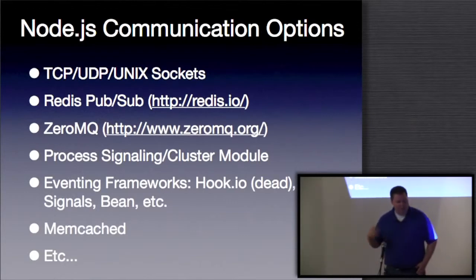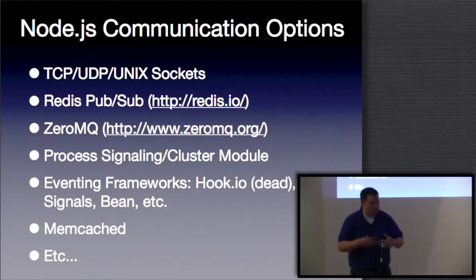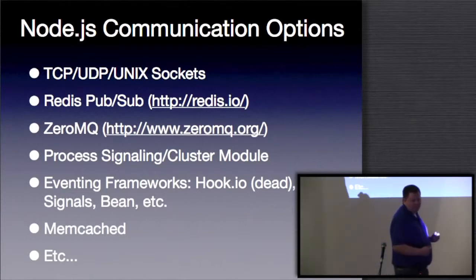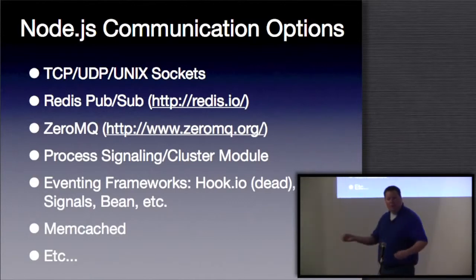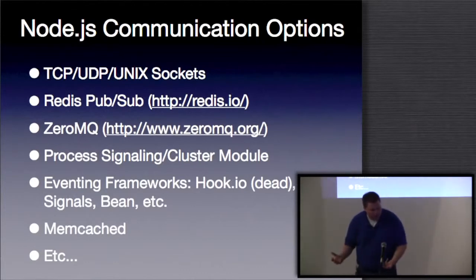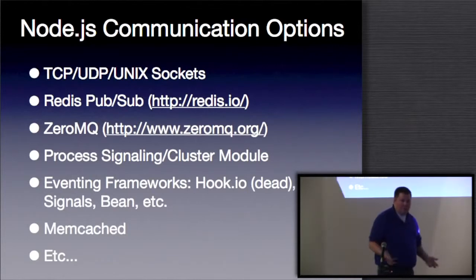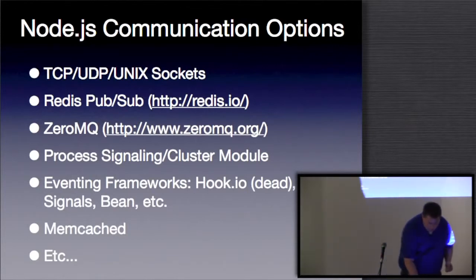And there's others like JS Signals and Bean, and these look okay. You can do shared memory with Memcache. That's also an option. What do all of these things have in common? Well, they all require me to hook into some third-party technology that you may or may not want to add to your stack, or they require a great deal of low-level programming, something that I've also said I don't want to do.